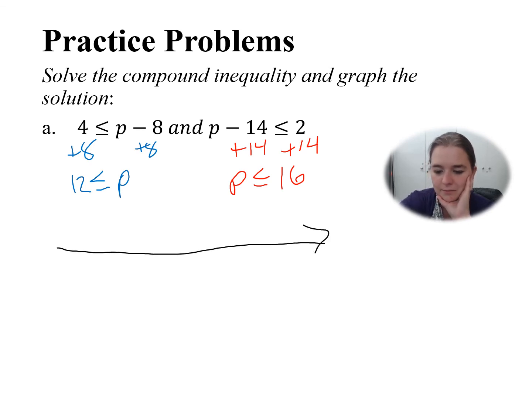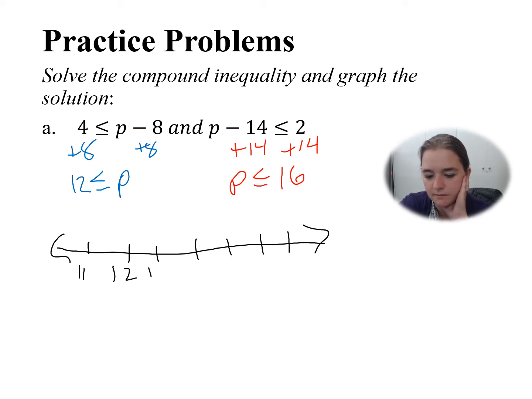So when I graph this on my big graph, I'm going to do the same thing as before. I'm going to center my number line, but this time I want to have one number smaller than my smallest and one number greater than my biggest. So I have 11, 12, 13, 14, 15, 16, 17. For my first inequality, the first half of my compound, I have 12 is less than or equal to p.